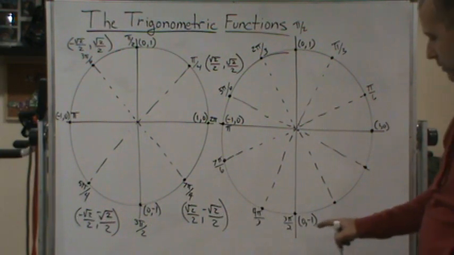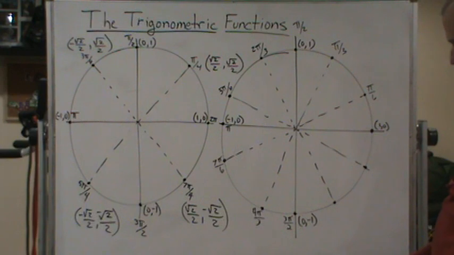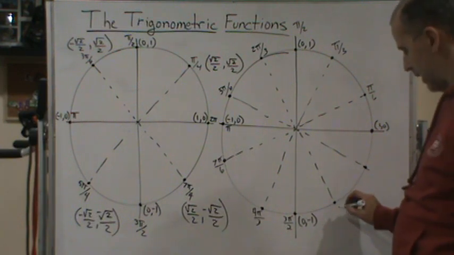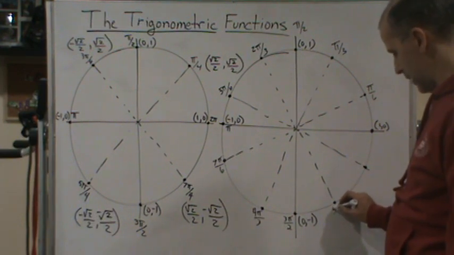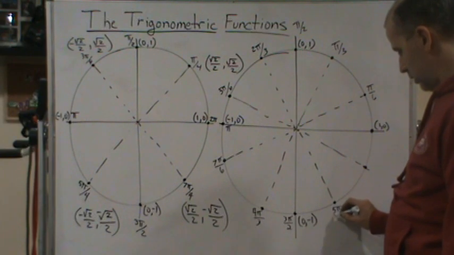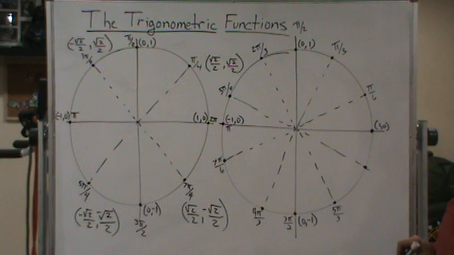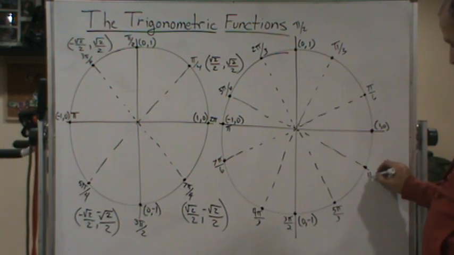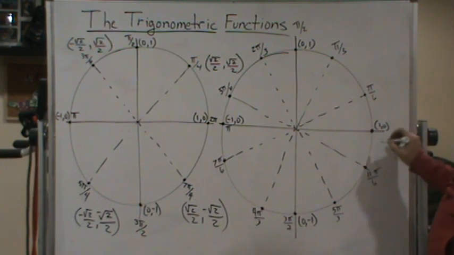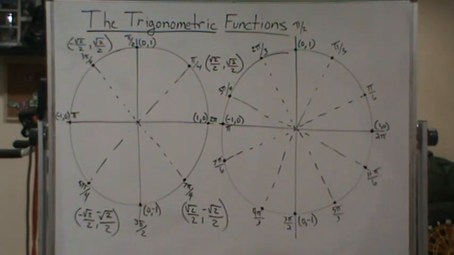And then we keep going, so we get 10 pi over 6, which is the same as 5 pi over 3. And then we get 11 pi over 6. And finally we get 12 pi over 6, which is the same as 2 pi.